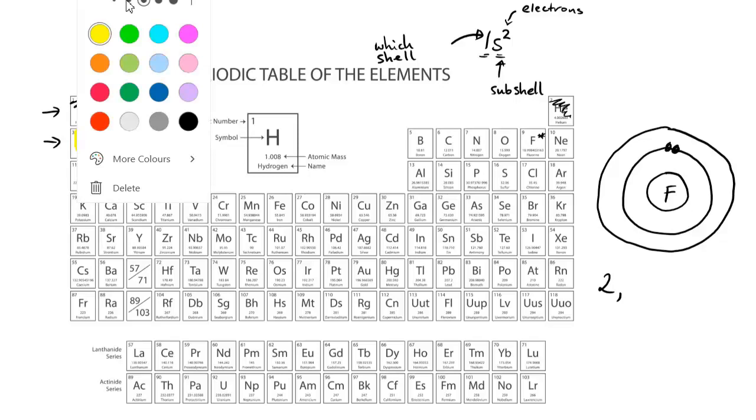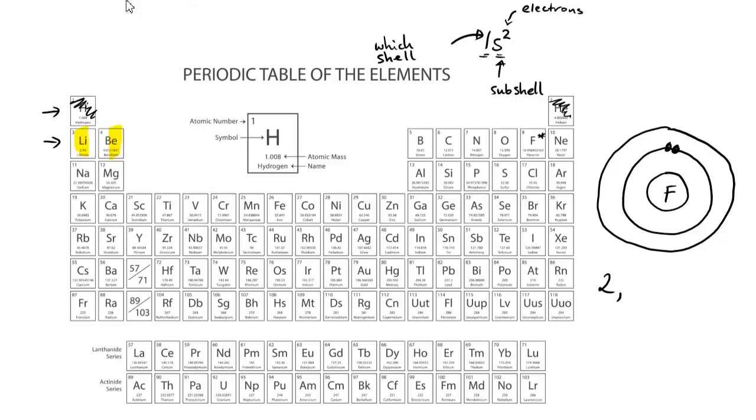I'm going to change color. I'll explain why in a second. So 1, 2, and then 3, 4, 5, 6, 7. Okay, so I'm going to draw these out. So 1, 2, 3, 4, 5, 6, 7.